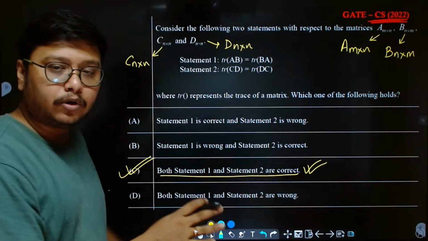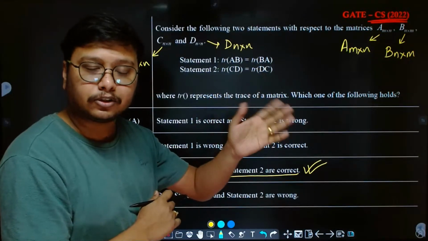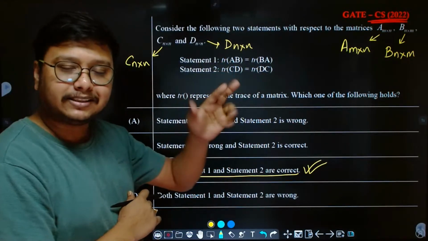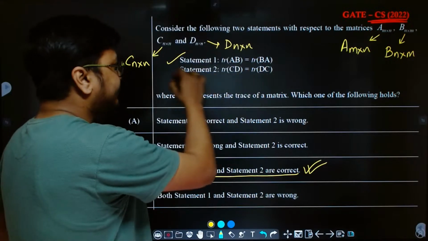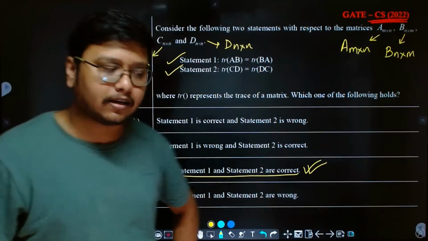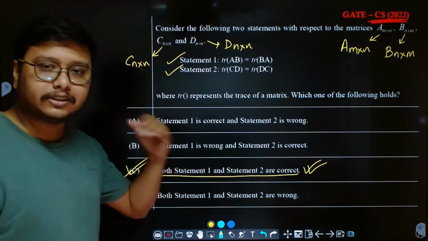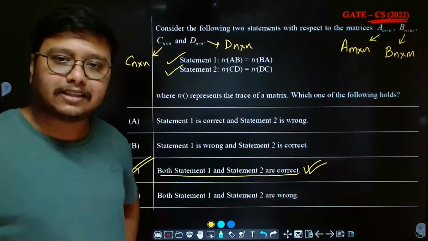Because just now I told you, if you interchange the multiplication, trace value does not change. So trace is basically commutative. Trace AB, trace BA will be same. Trace CD, trace DC will be same. Does not matter what the matrices are. So option C is correct. That means both the statements are correct.